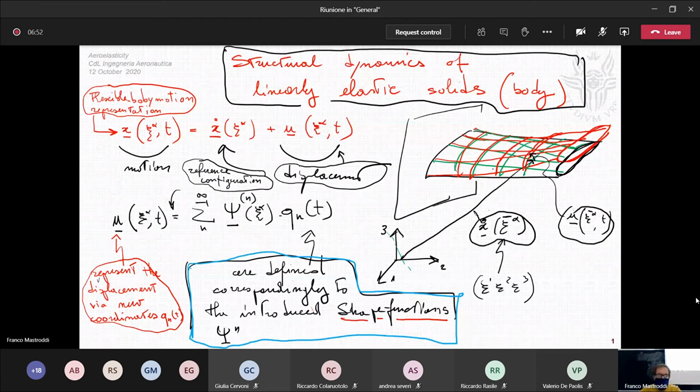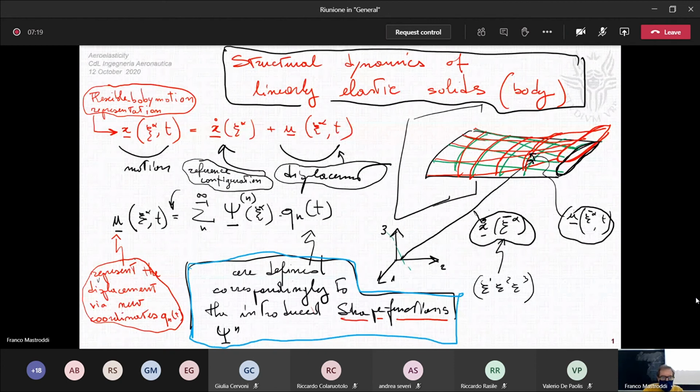So this is the role of the displacement U, which is the small black vector here. The sum of this long vector plus this small vector is the final vector giving you X. But the unknown of the structural dynamic problem is actually U, which is the displacement.